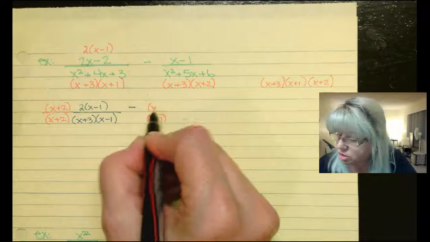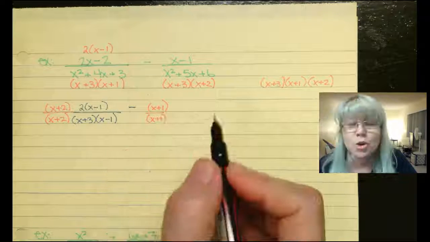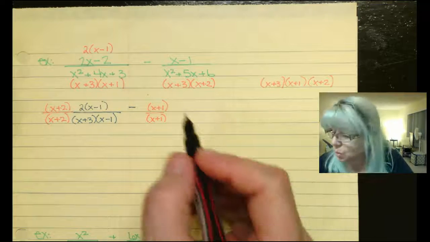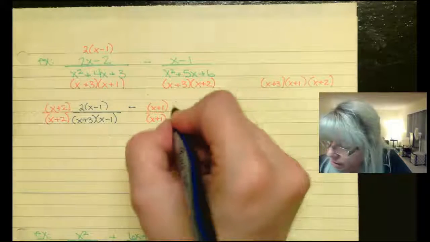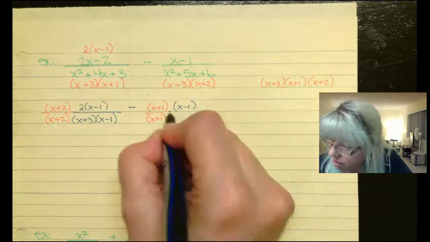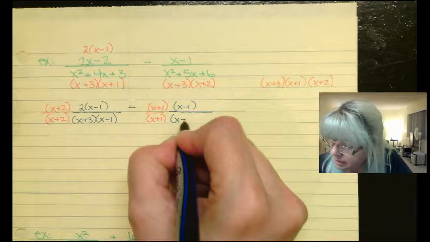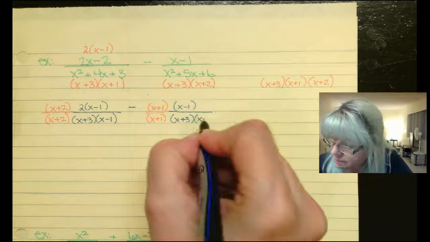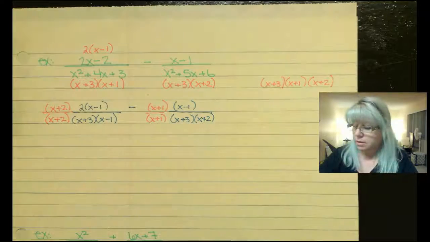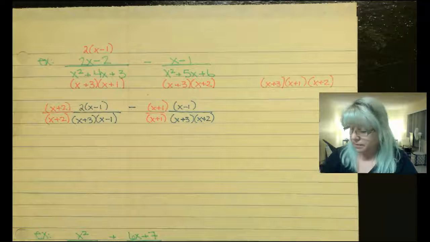Multiply both the denominator and the numerator with x plus 1. x minus 1 all over x plus 3, x plus 2. Okay, so far so good.